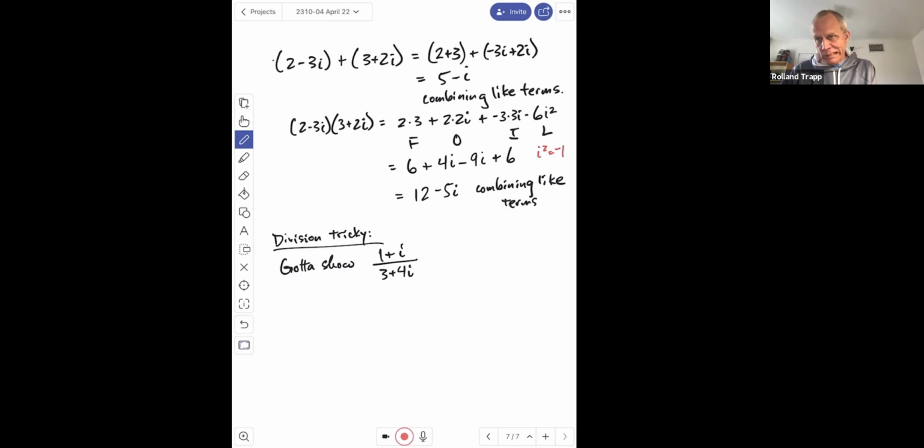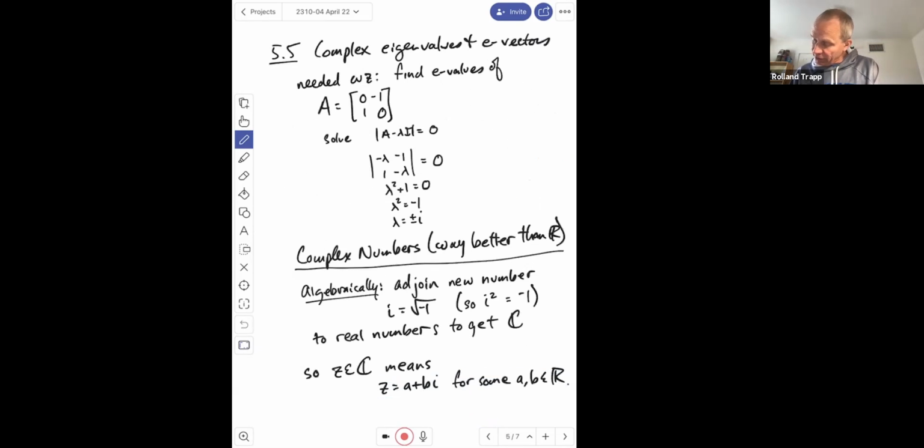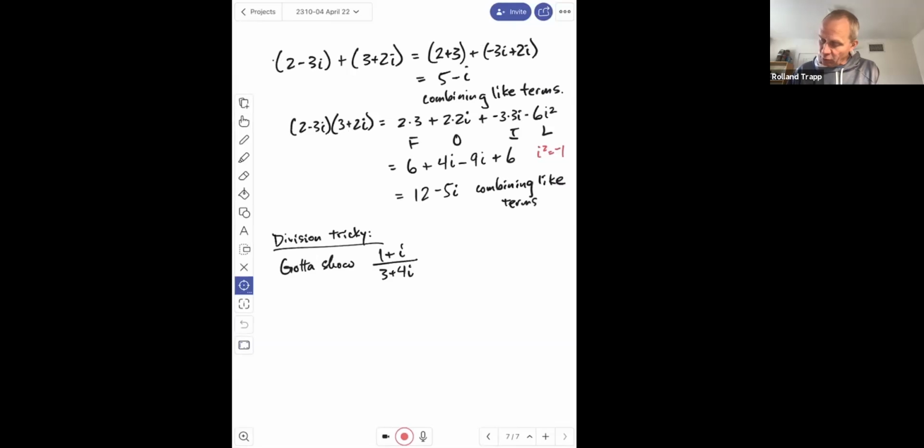And to show that anything is a complex number, I have to show that it's of this form. Any complex number has to have a real part plus a purely imaginary part. Okay, so I have to be able to take this quotient and rewrite it, I got to show that this equals a plus bi for some a and b in the real numbers.